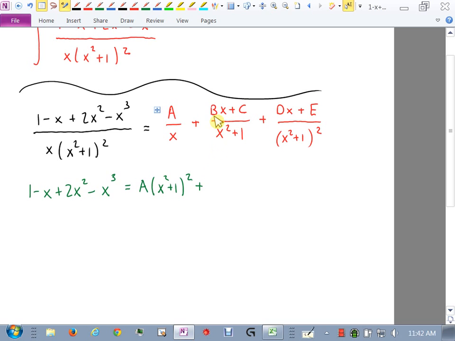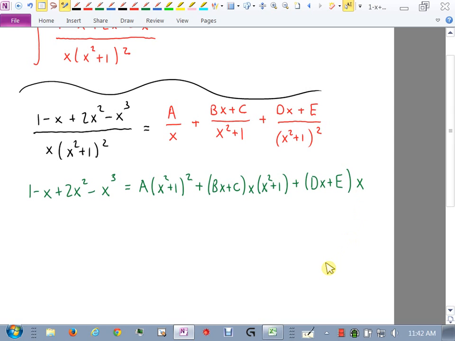Now, when I do this right here, this x squared plus 1, there's only one of them, right? So when it hits this thing, the x is still there, and one of those is still there. So I have Bx plus C, I have the x that didn't go away, and I have an x squared plus 1. And then the last one, that Dx plus E, the only thing left there after I hit this with the LCD is what? X.